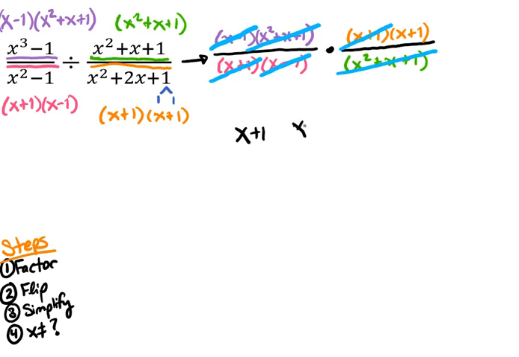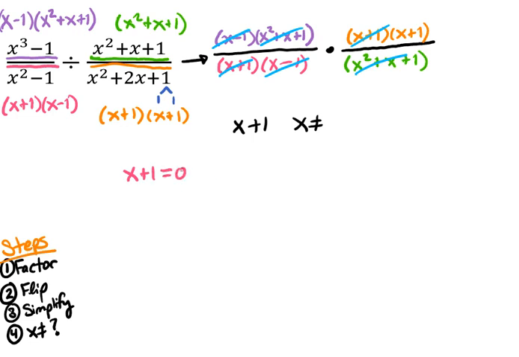And now we just need to know all of the things that x is not allowed to be. So remember, we're going to take anything from the first fraction. So we're going to write down x plus 1 from our first fraction equals 0, and x minus 1 from our first fraction equals 0. And then we were also able to cross out in the second fraction 2 things.